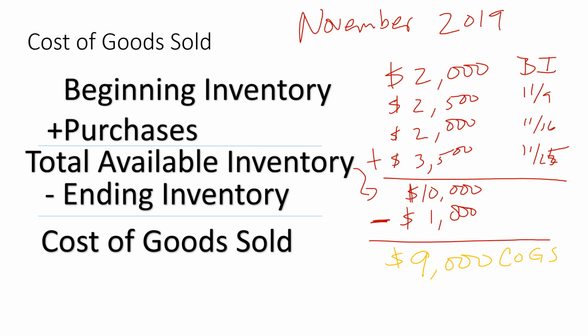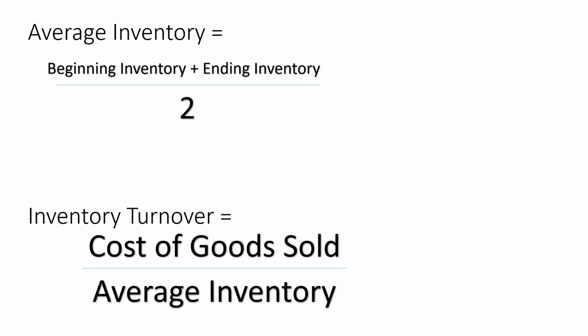So now let's take this a little bit further. Using some of the same information to calculate our average inventory, we take our beginning inventory plus our ending inventory, and because we're working with two numbers, we divide by 2 to get our average. In this case, our beginning inventory was $2,000. Our ending inventory was $1,000.